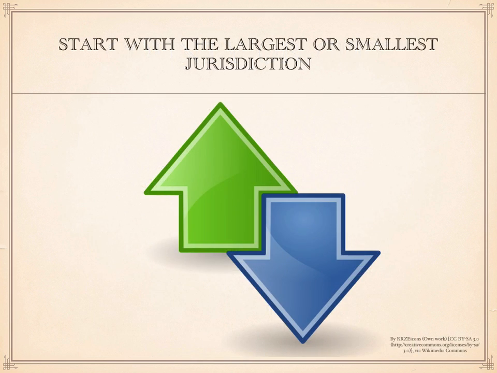The question is whether to start with the largest or smallest jurisdiction, in other words, start with the United States of America and work down to the county, and then to the municipalities, or to start at the lowest or most specific jurisdiction and work up. I don't think it really matters at all where you start.